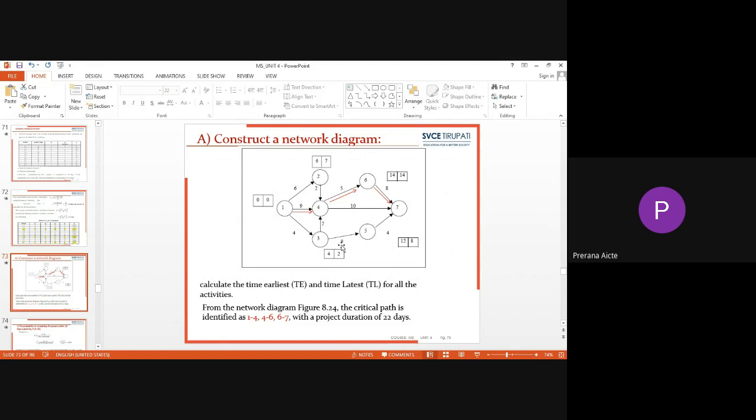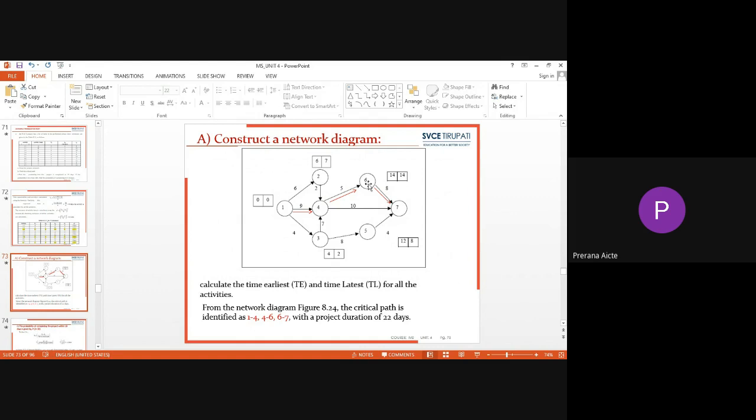So 8, it may be in terms of days. Generally it is given in terms of days, that is 8 days. And finally, we'll complete the network construction or the diagram by establishing it as per the given data. As we have another activity to be represented, 4-6, we'll take another arrow and represent this 4-6 activity.